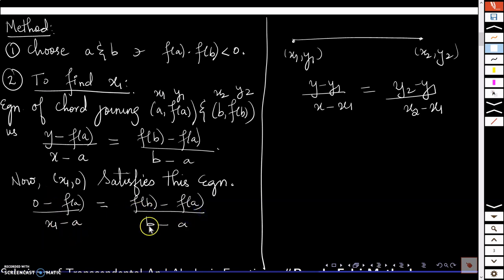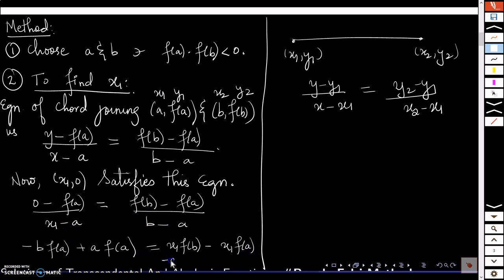So now I can cross multiply this b minus a with minus f of a here. Once I multiply b, I'll have minus b into f of a, and when you multiply a, you'll have a times f of a. In the same way, I will multiply this side here. So I will have x1 into f of b minus x1 into f of a, and then I multiply minus a there.